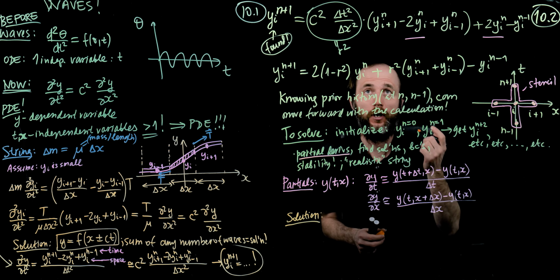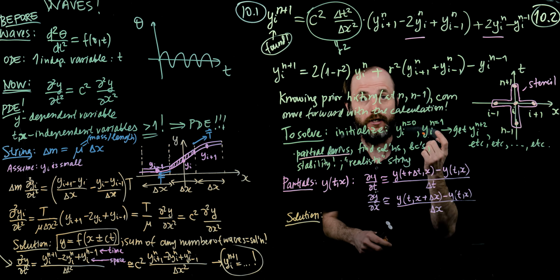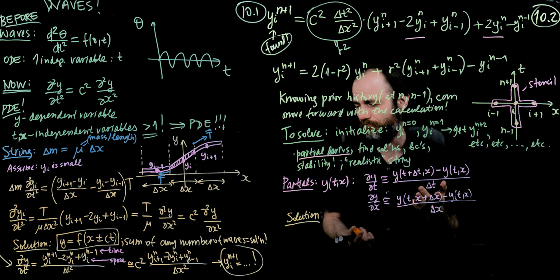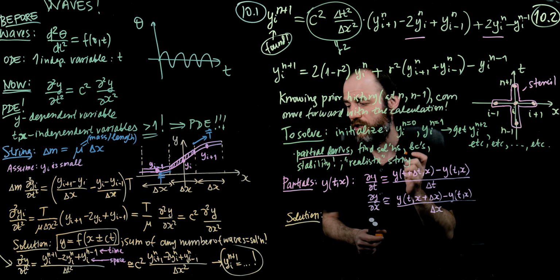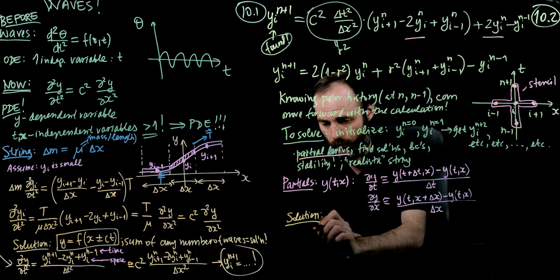To our PDE. As we see on the left, our PDE is rather simple. So let's try and check whether that solution that we wrote down is actually a solution.